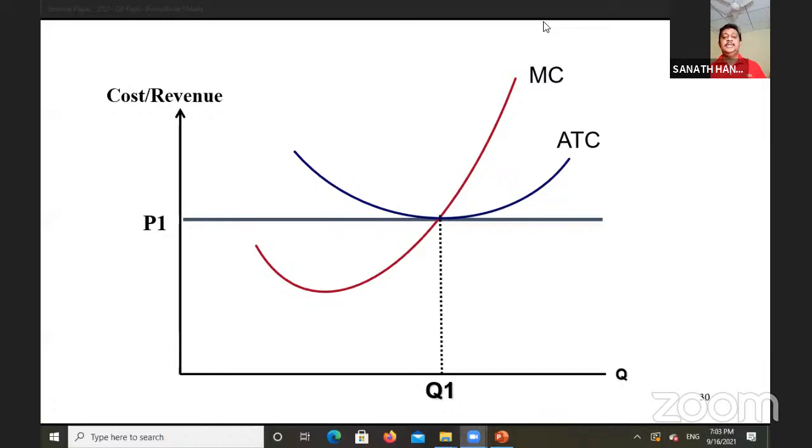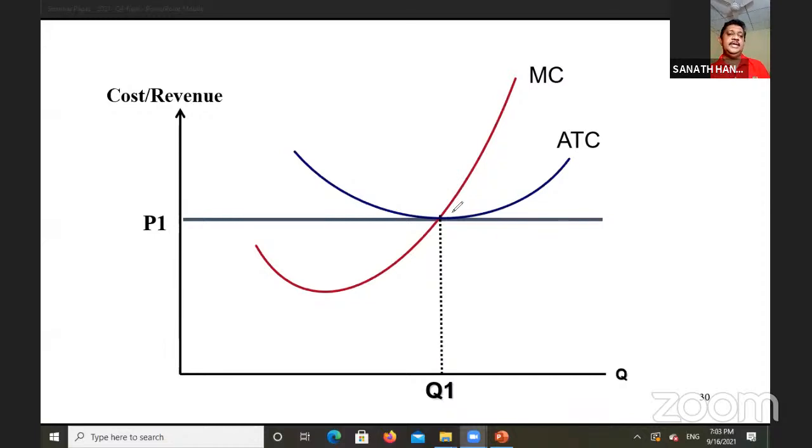But remember, the outcome of production efficiency is that the firm should be able to produce a commodity at the minimum cost. So average total cost at its minimum is the result of production efficiency.